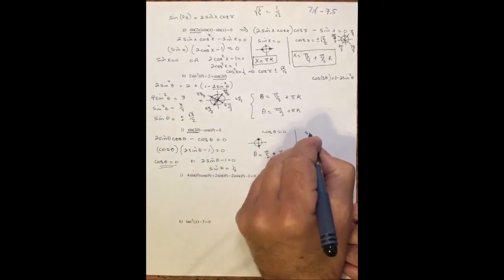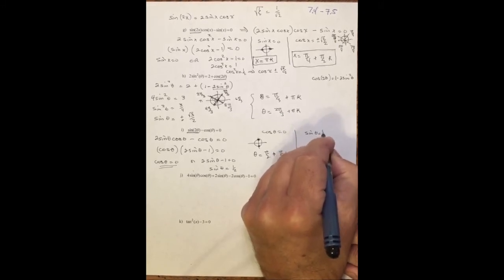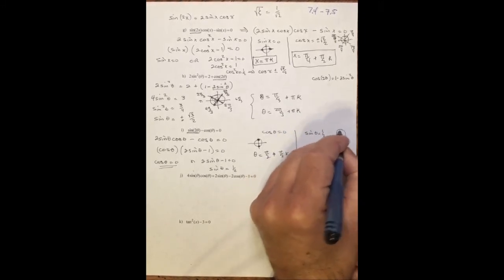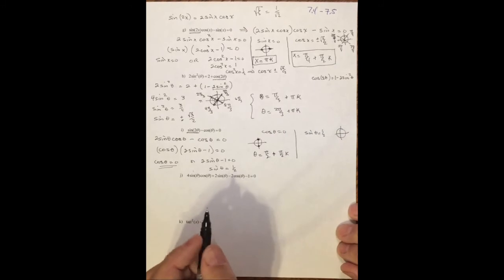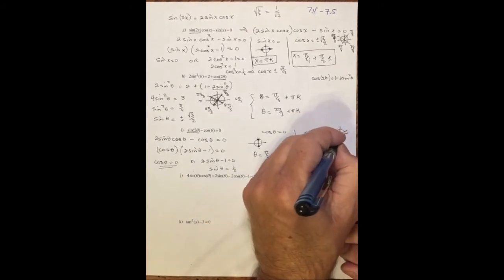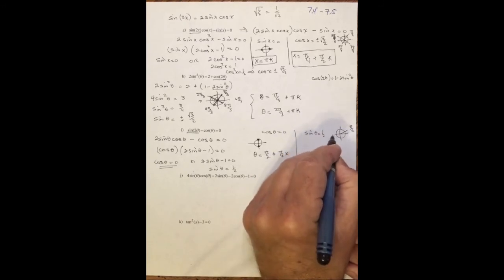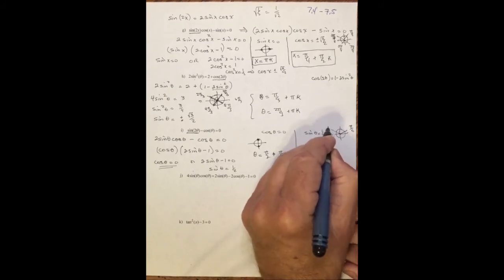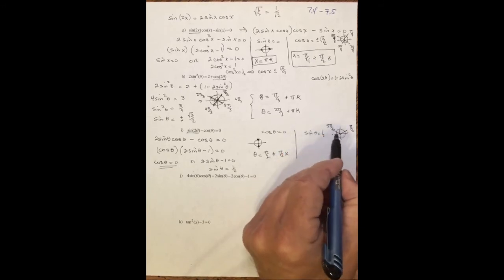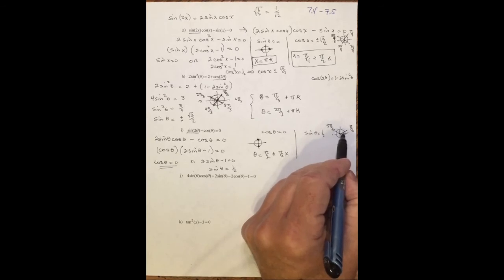Take the other one. Sine of theta is 1/2. Well, what angle has a sine of 1/2? Well, that's pi over 6. Now here's pi, which is 6 pi over 6. So 5 pi over 6. Now if we look at the difference, it's 4 pi over 6 or 2 pi over 3.